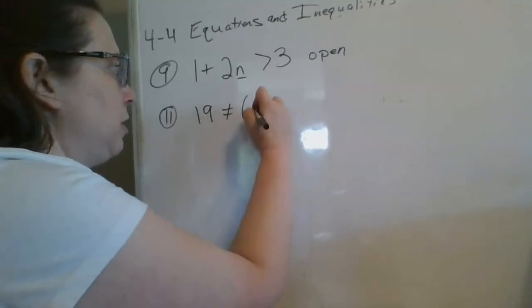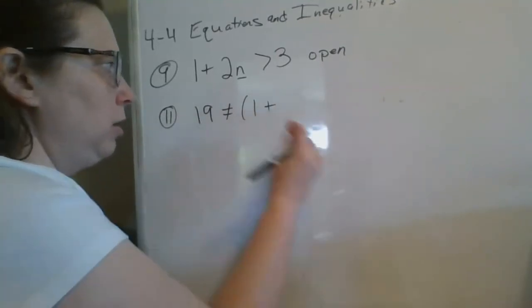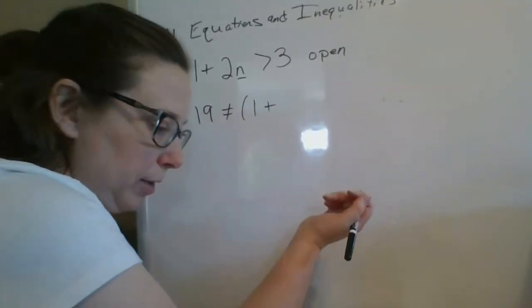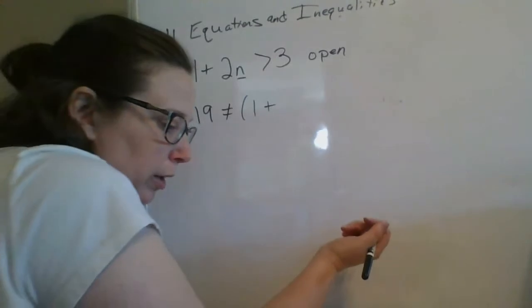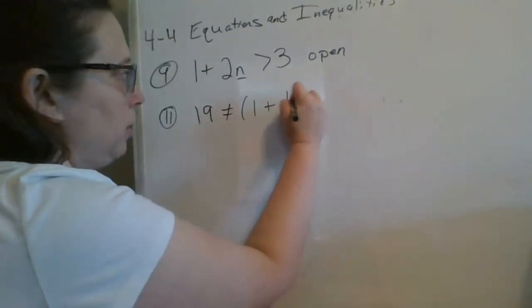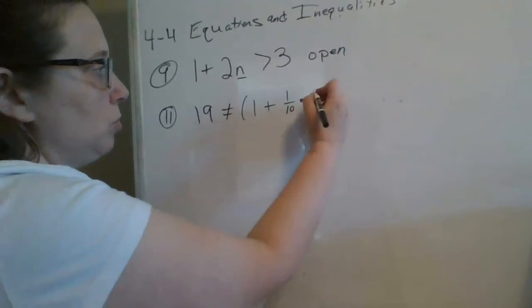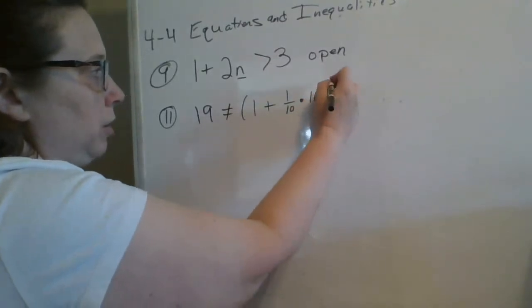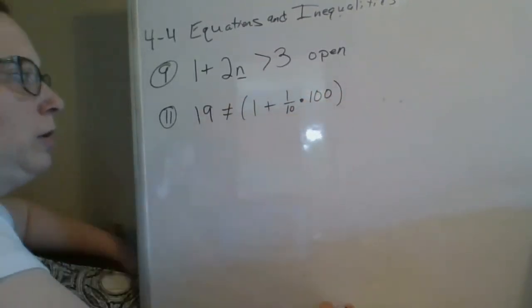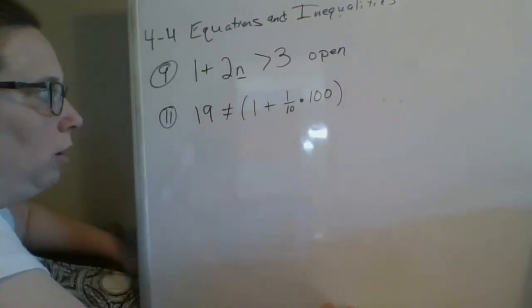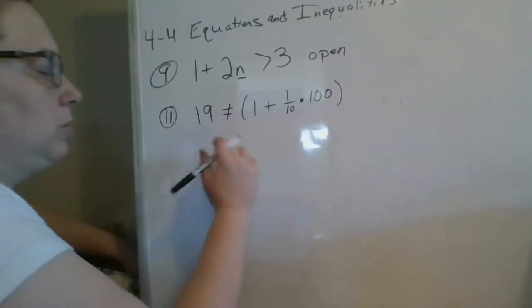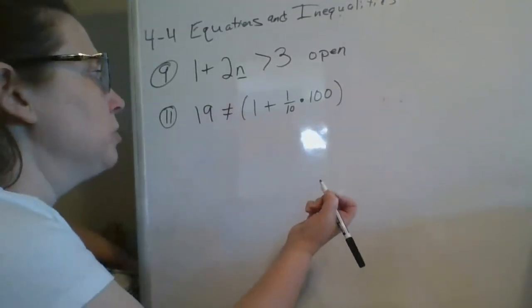So here we have the sum of 1 and, so we're adding 1 to something. What we are adding it to is 1/10 of, which means multiplication. So 1/10 of 100. That's what's on this side of our equation, which we know is not equal to 19.